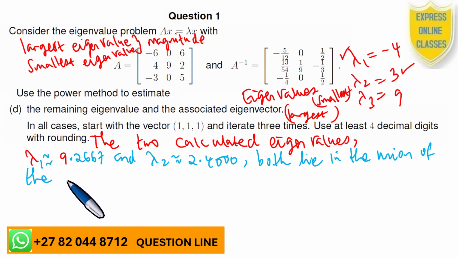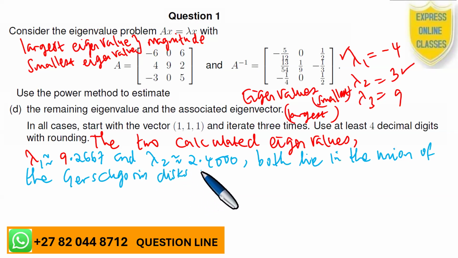I want to say that these are not just ordinary disks; they are special disks. We called them the Gershgorin disks, D1, D2.